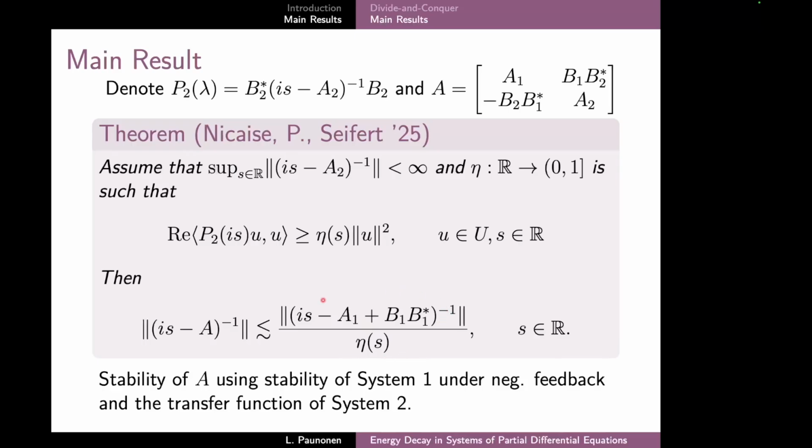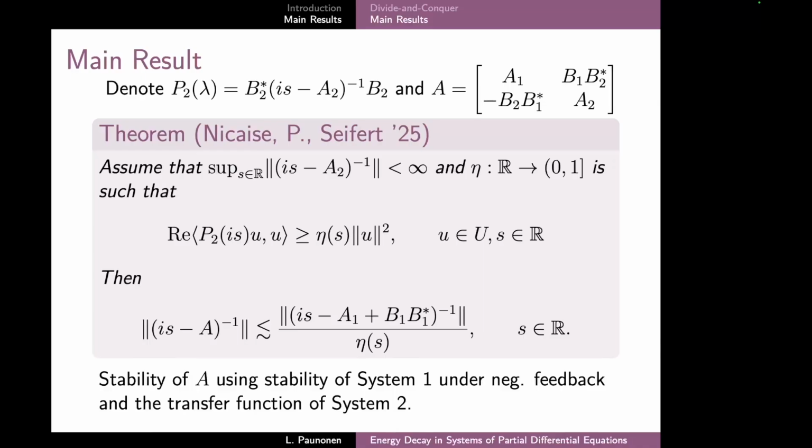And here we note that if we have better stability properties of the system 1 under negative feedback, this leads to relatively better stability properties also in our coupled system.